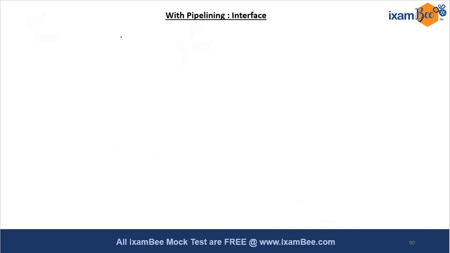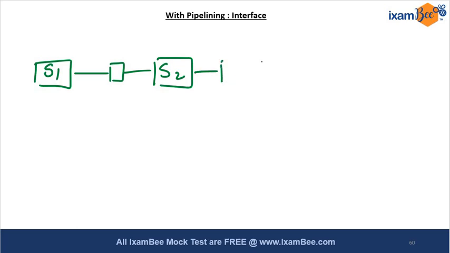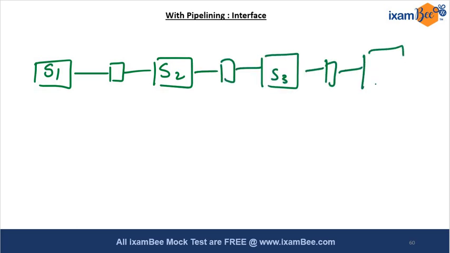Now, there is one concept, that is pipelining interfaces. We need to understand what exactly we mean by interface. There are stages, as we all know, 4 stages: S1, S2, S3, and S4. These are similar to fetch, decode, execute, and the last one is write back.